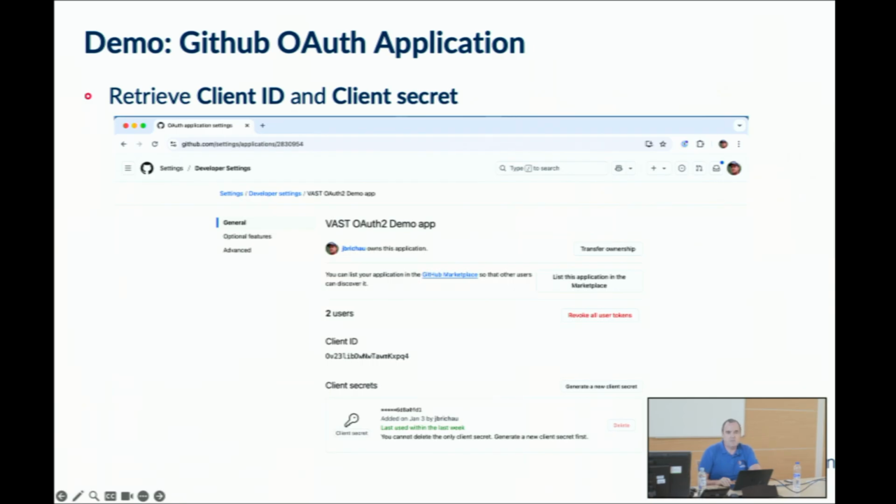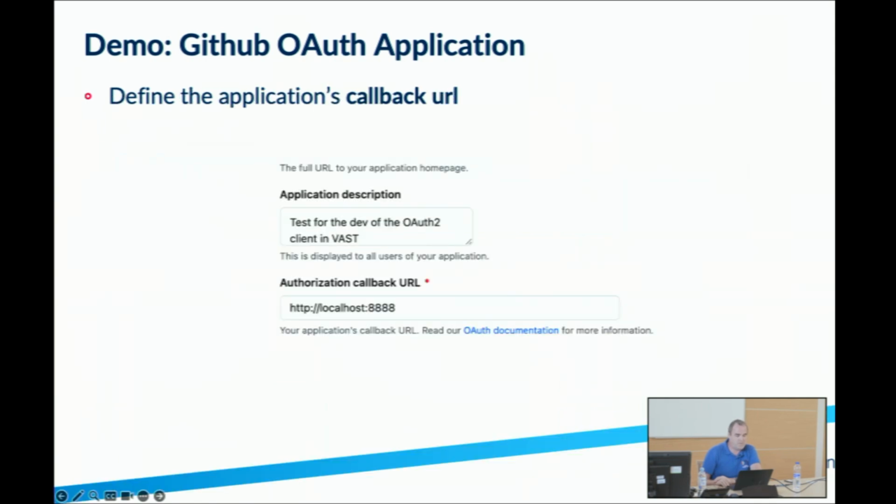What's essential there, for those who do not know OAuth2, I hope somebody is learning something from what I'm saying here, is that you actually get a client ID and a client secret. So that identifies your application. The client ID is like the public one, but the client secret is something you need to hide, which will identify this demonstration OAuth2 application for GitHub. So I went to register that.